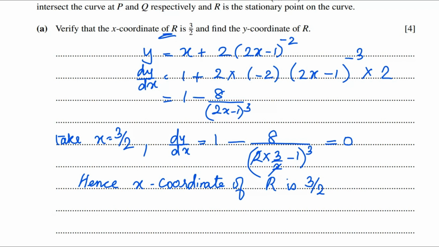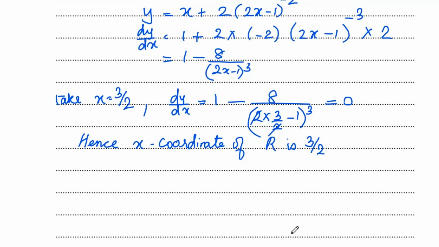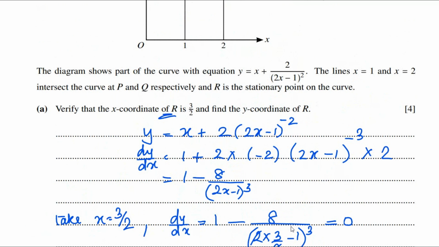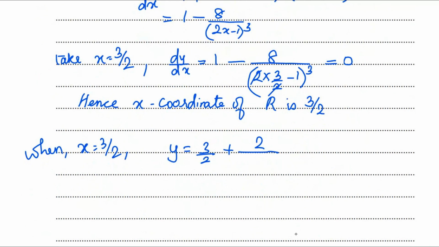So we need to find the y coordinate of R. When x equals 3 over 2, what is the y value? Y is equal to x, which is 3 over 2, plus 2 divided by (2x minus 1) the whole square.